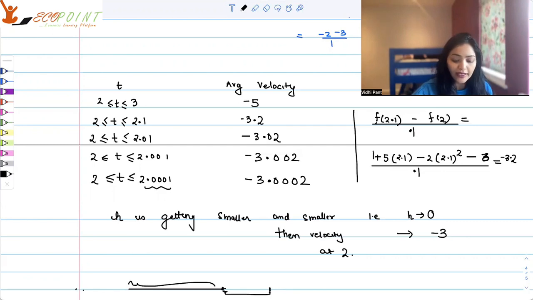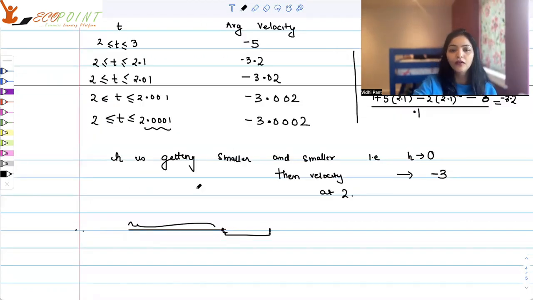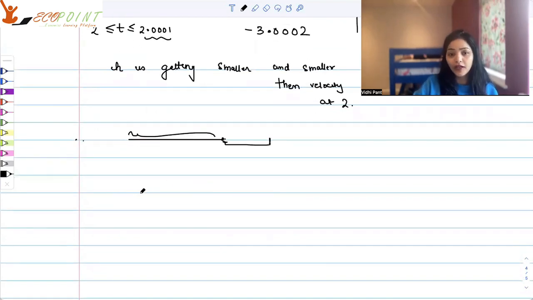Now here I tabled down values for you. Now let's learn how to actually calculate it as well. So the whole idea was, as h is almost tending towards 0, right? What are we interested in? Our velocity would become a velocity as such.